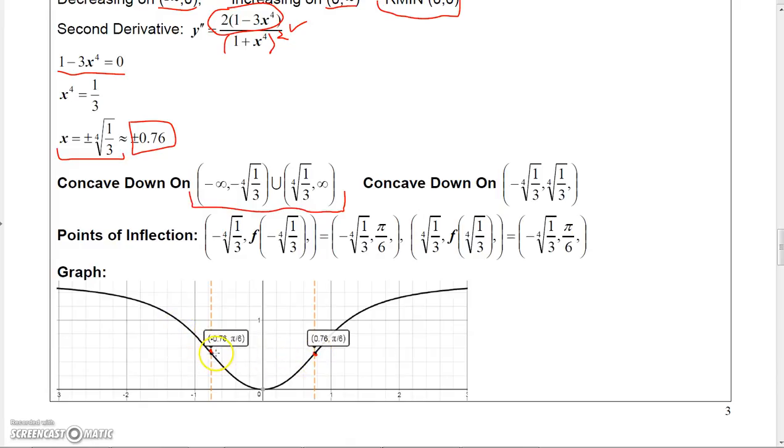And then between the 2 points, it's concave up between them, and another error there, so copy and paste kind of gets me sometimes. Okay, so that's concave up on the interval between the two.